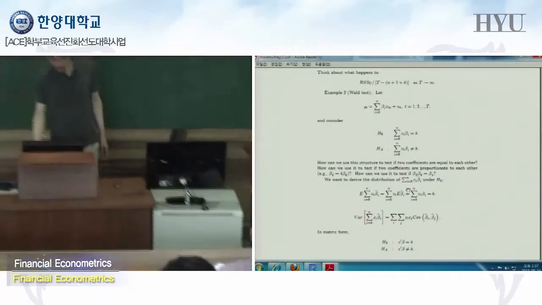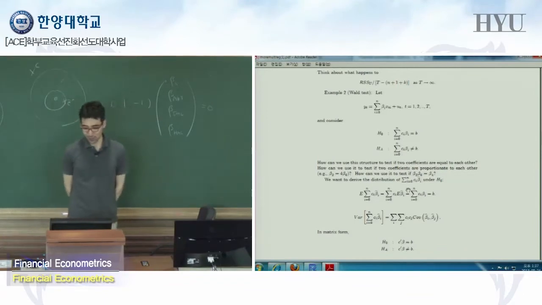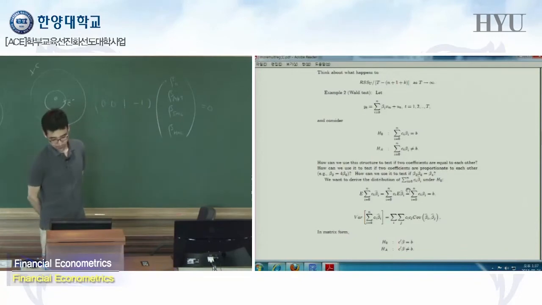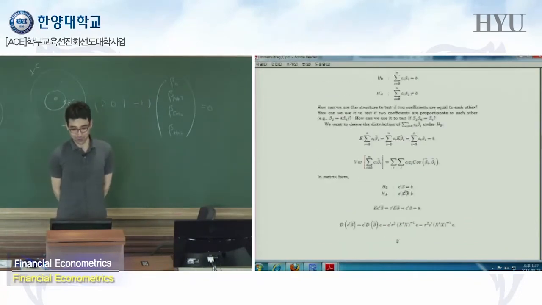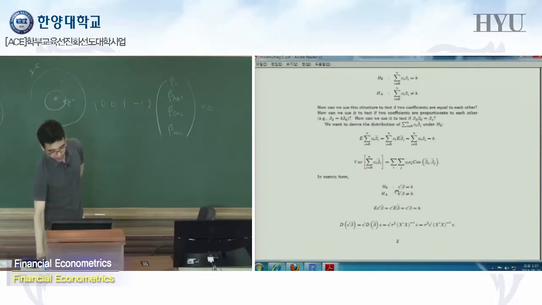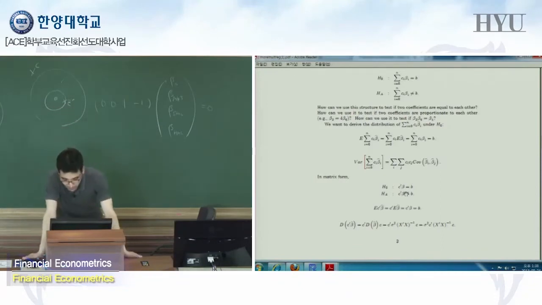And how about the variance of this restriction? The variance of the sum over i equals 0 to n of c_i beta_i hat is the sum over i, j of c_i c_j times the covariance of beta_i and beta_j. So actually it is better to see the matrix form. In matrix form, H null is C prime beta equals B. Again, C prime is 0, 0, 1, minus 1, and beta is beta 0, the market factor, beta for SMB, beta for HML, and B is 0.